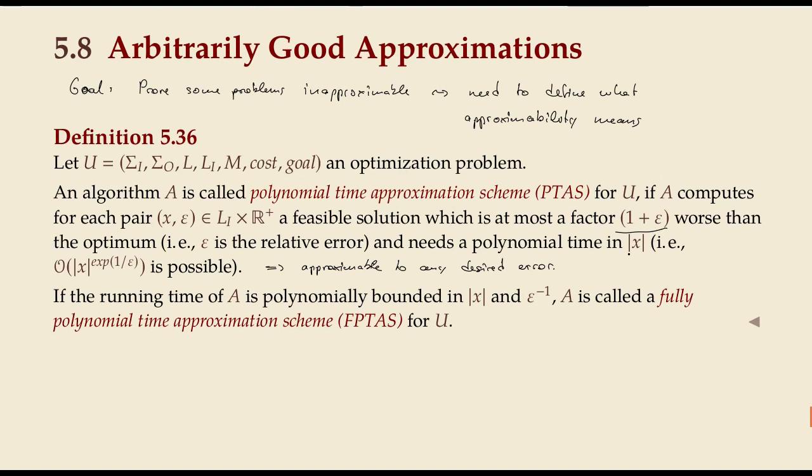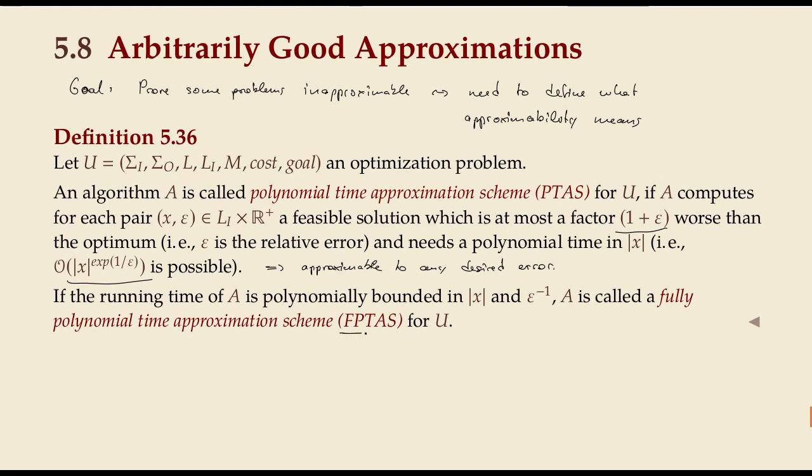But the polynomial time here is only with respect to X and totally ignoring the epsilon, which means that we can have running times like this, where the exponent is exponential in 1 over epsilon. So if we want to make epsilon reasonably small, reasonably close to 0, this will completely explode, and we will not have something that's usable in practice.